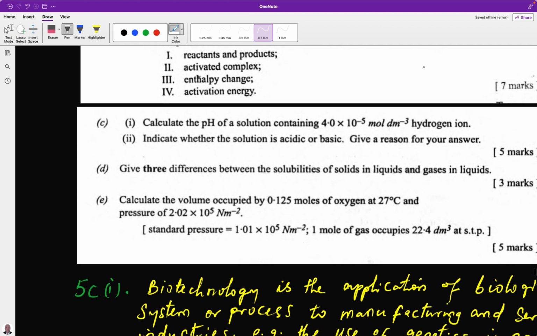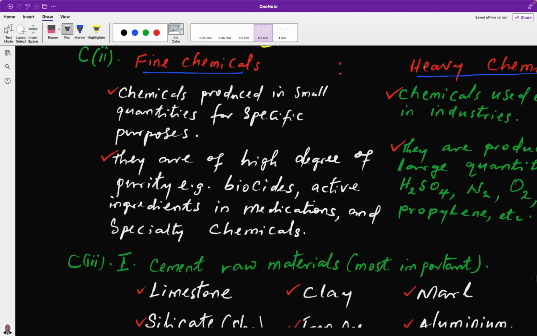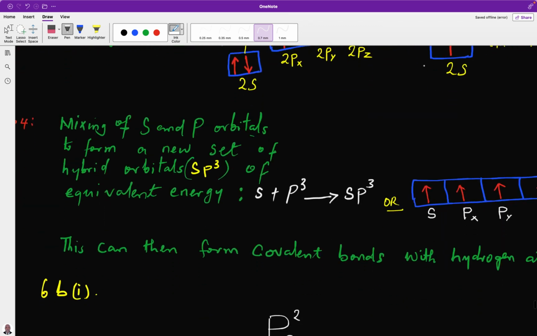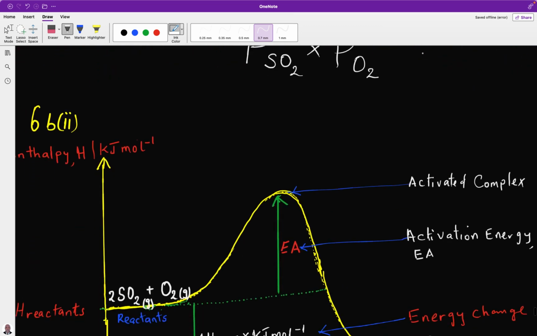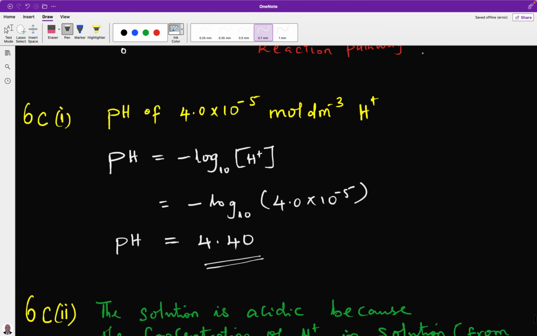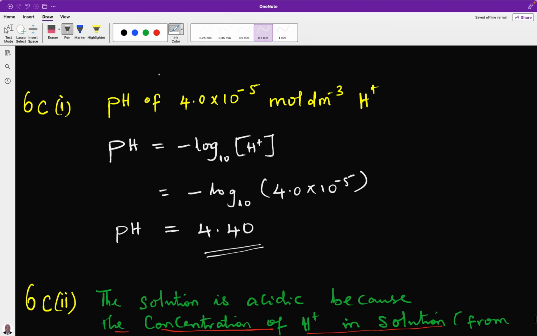This is how you can solve it, how you can calculate your pH. The pH is the negative log of the hydrogen ion concentration. We have been given the concentration, 4.0 times 10 to the minus 5 mole per dm cube.